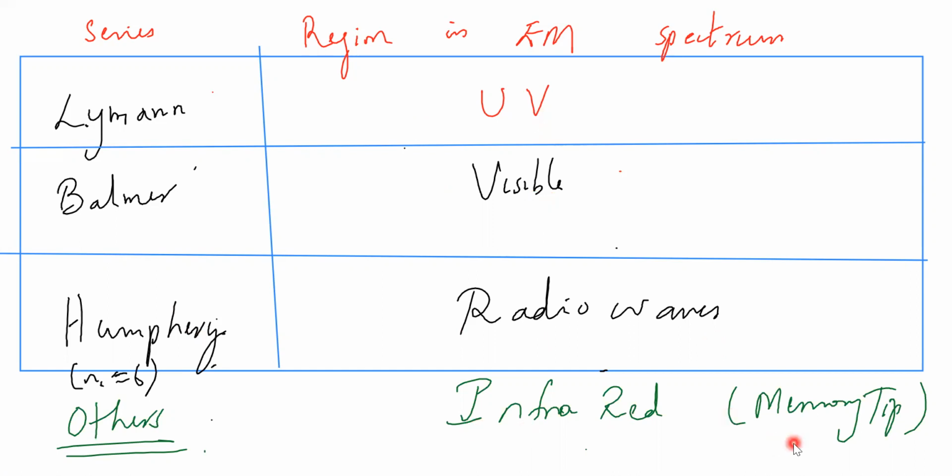So no need to study others. Humphreys was asked in one of the entrance exams in 2016. So that's the reason I just gave you this. I think it was the IIT paper. IIT or NEET, I'm not sure, but in the 2016 paper it was given.